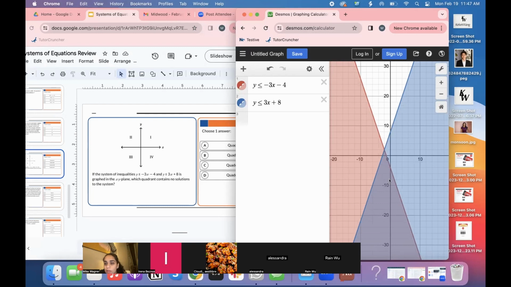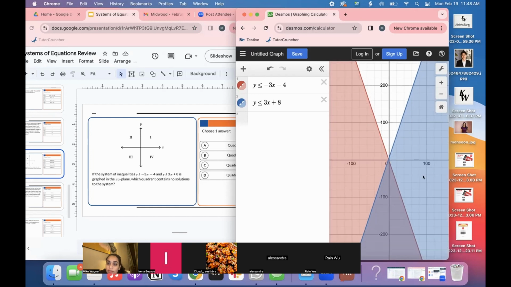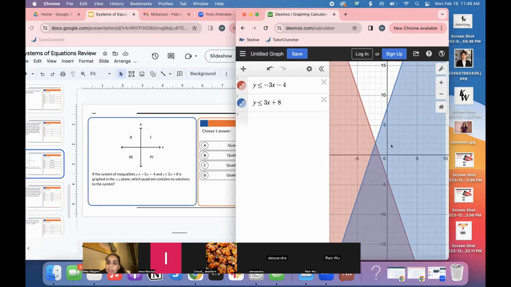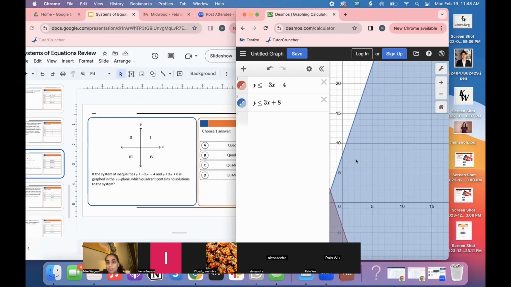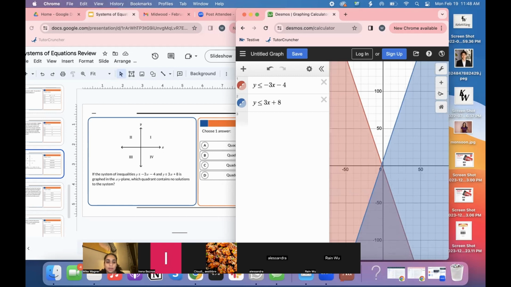And so we see red and blue is a little bit in quadrant 2, a lot in quadrant 3. We see it increases in quadrant 4, but it never actually is in quadrant 1. It's just the y is less than or equal to 3x plus 8 that has solutions in quadrant 1, but the first equation, y is less than or equal to negative 3x minus 4, is not in that. Anyone have questions?